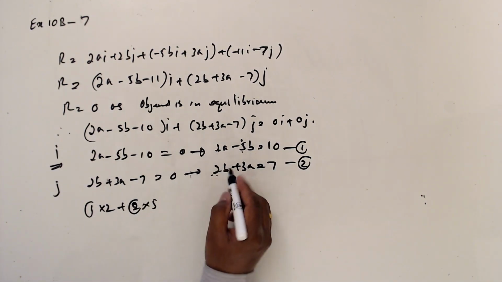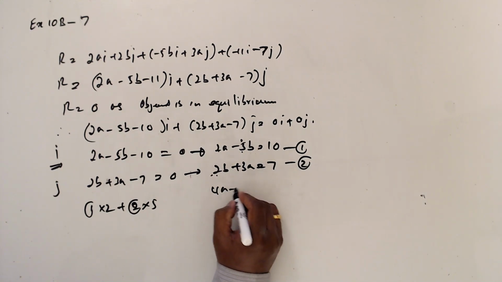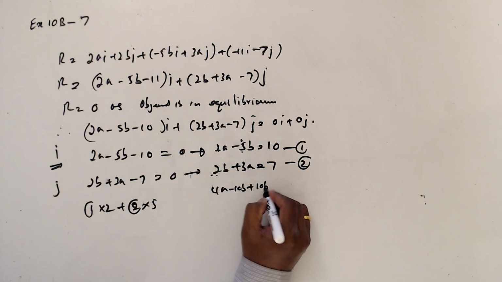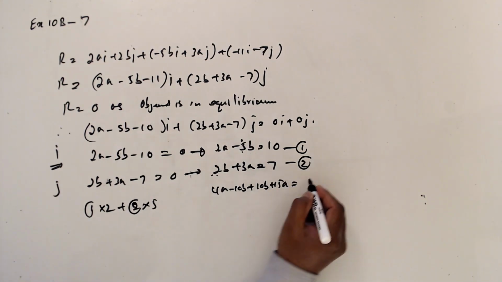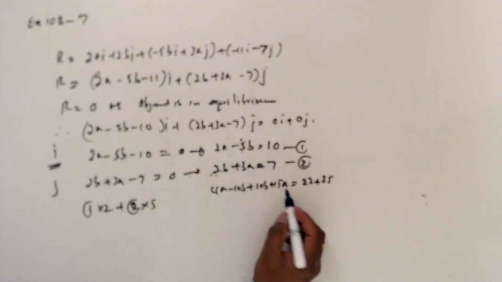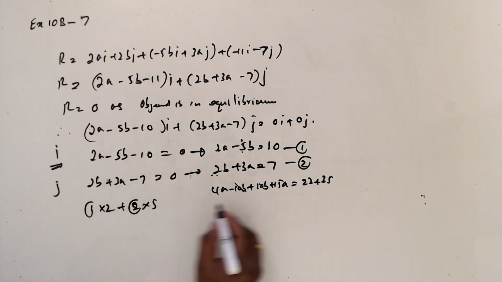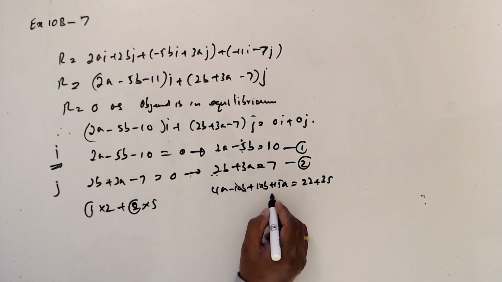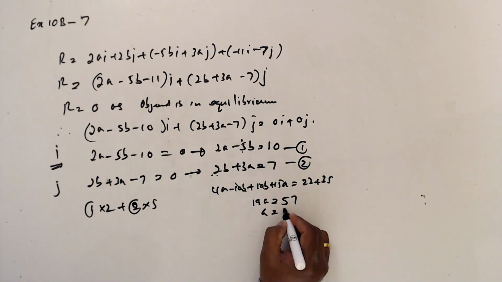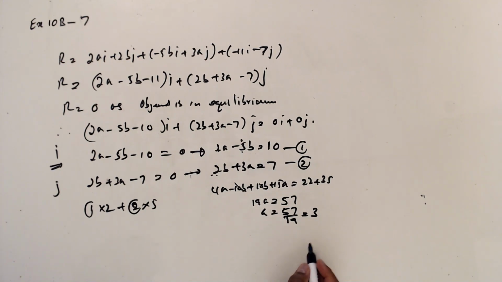So then this is going to be 4a minus 10b plus 10b plus 15a equals 22 plus 35. This is cancelled out. 19a equals 57, a equals 57 divided by 19, which is 3.